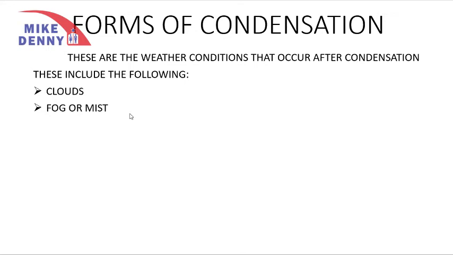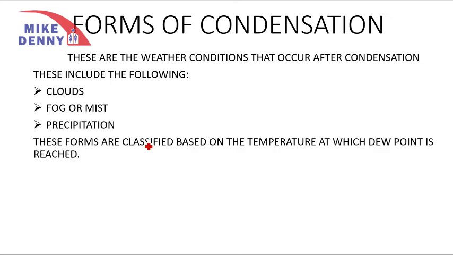Let's talk about these forms, and they are classified based on the temperature at which dew point was reached. Remember, we said when dew point is reached, condensation takes place.